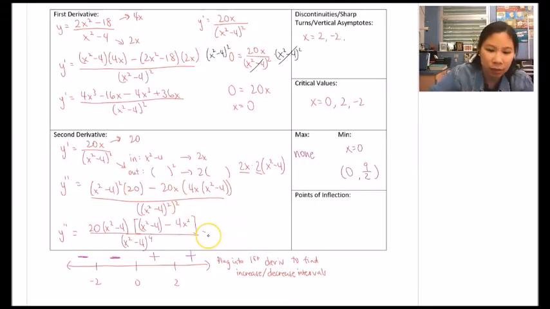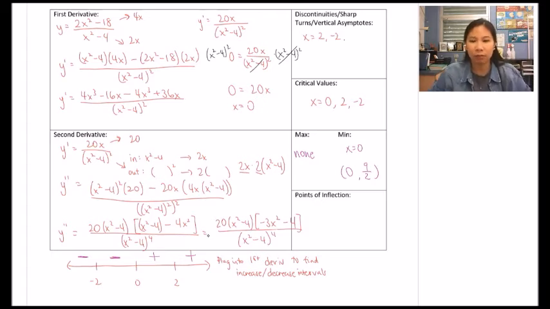All right. Simplify this down a little bit. So I have 20 times x squared minus 4 times negative 3x squared minus 4. And it looks like an x squared minus 4 can be canceled out on the top and on the bottom.